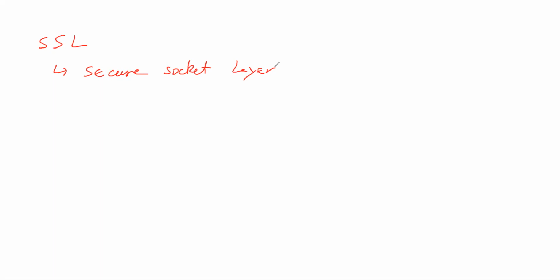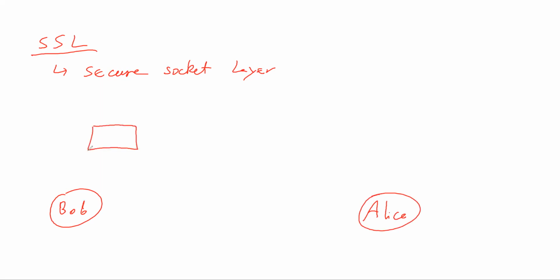So in general, with SSL, we have Bob and we have Alice. Let's go back to the same traditional problem: we have a client-server architecture. This is supposed to be a laptop, and over here we have a laptop, in particular through the browser.